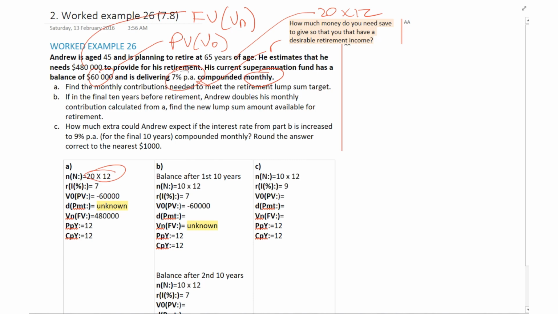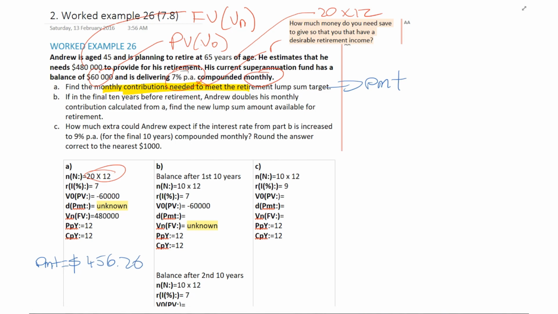And what we're after here, monthly contributions, means we're looking for PMT. That's what we're solving for. So in this one, you put that in your calculator and you're going to get PMT equal to 456.26.